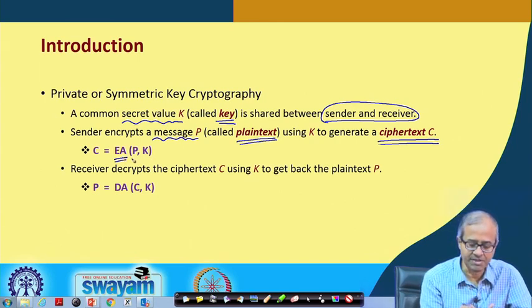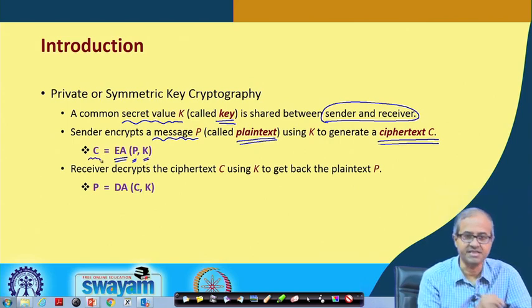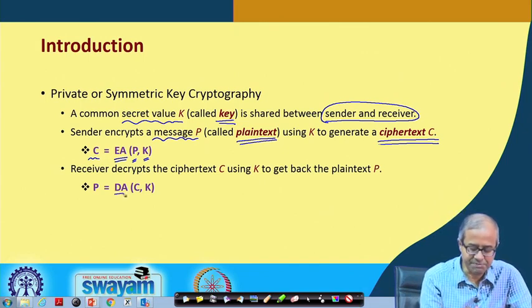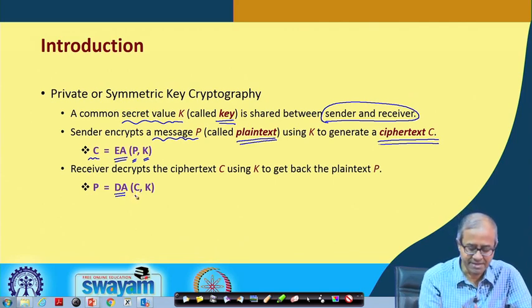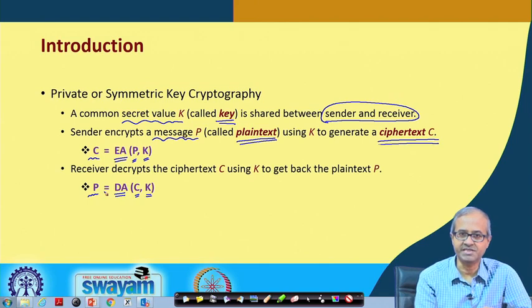It takes two parameters, the plain text and the key, and it generates the ciphertext C. Similarly, the decryption algorithm which is run at the receiver end will take the ciphertext as input and also the same value of key k, and it will get back the original message or plain text P.